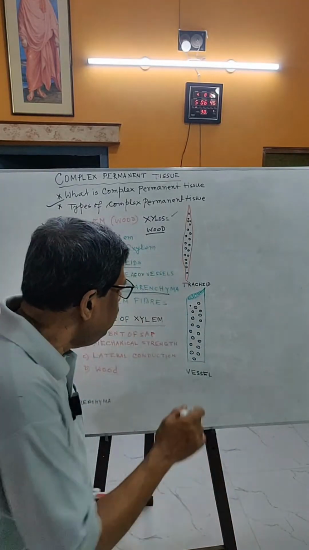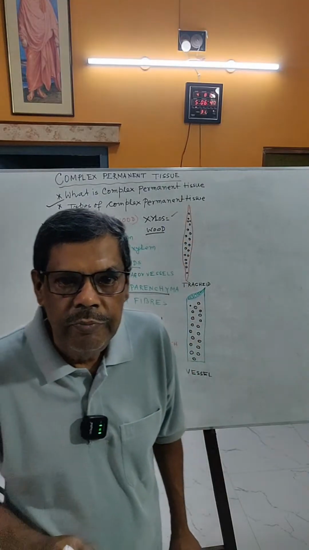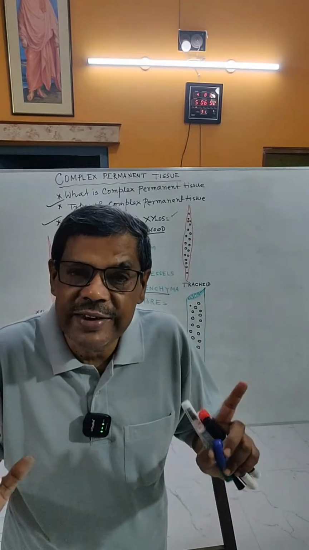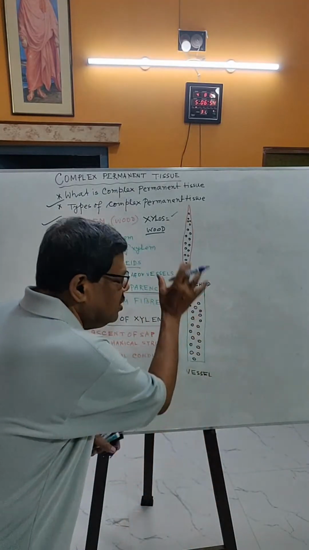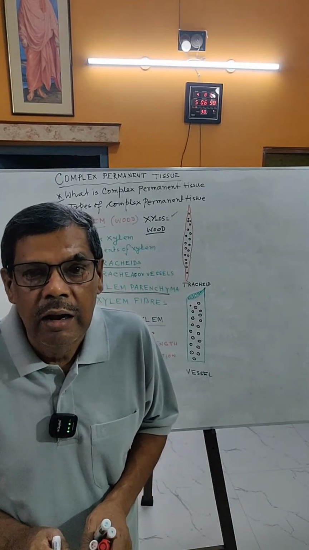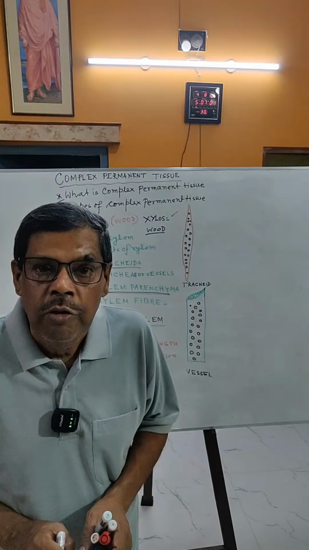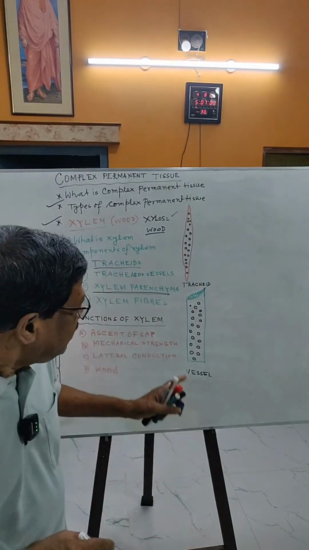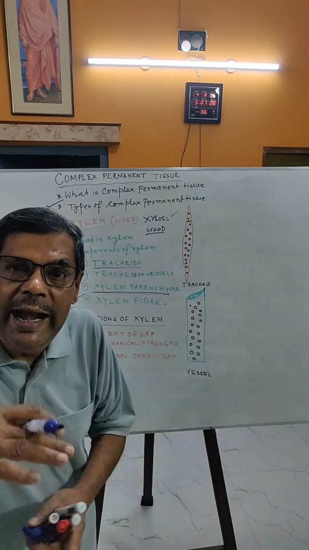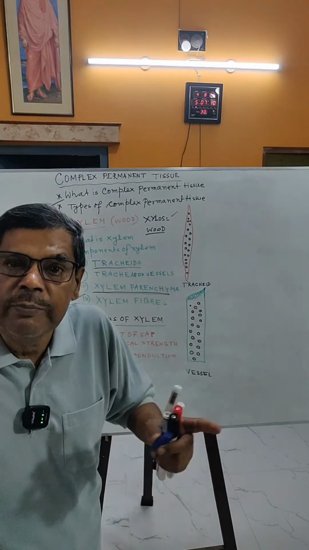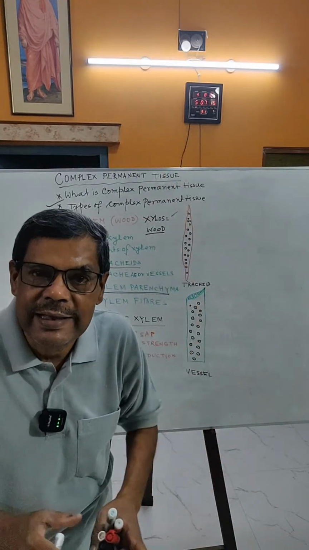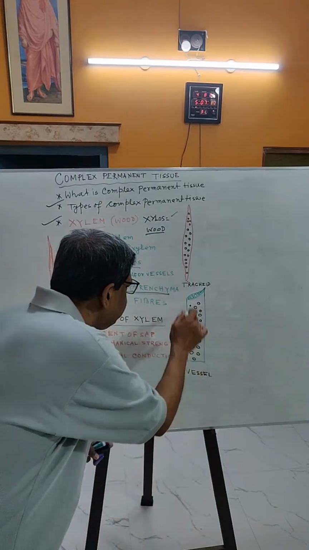These are elongated cells forming a tubular structure by end-to-end joining of several small cells.